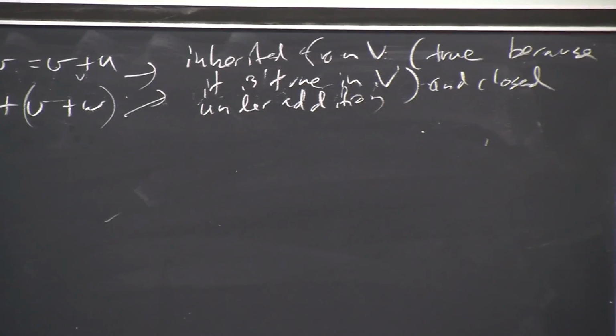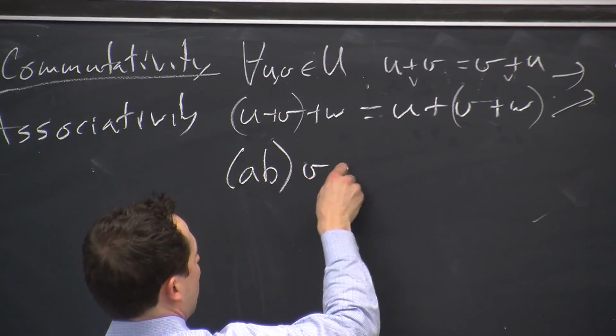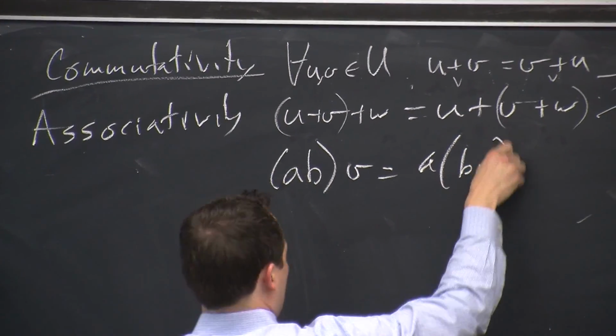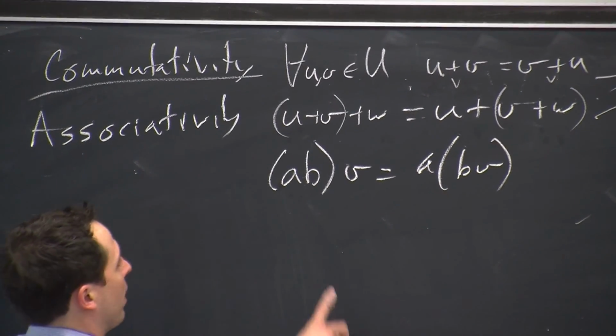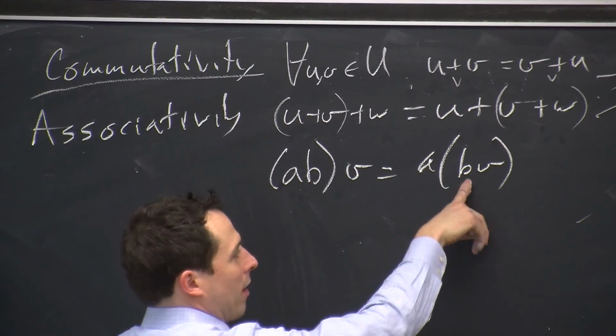The other associativity property, which has to do with the field action, was this one, AB times V equals A times BV, where here we have a field multiplication followed by a scalar multiplication, and here we have two scalar multiplications.